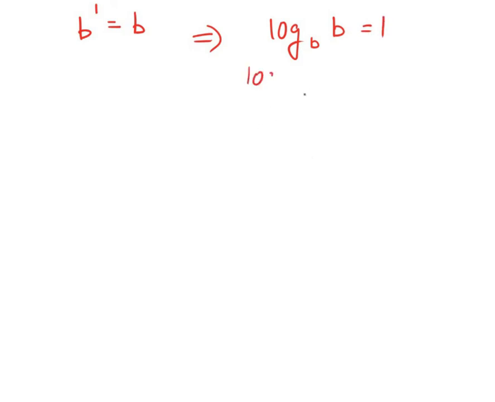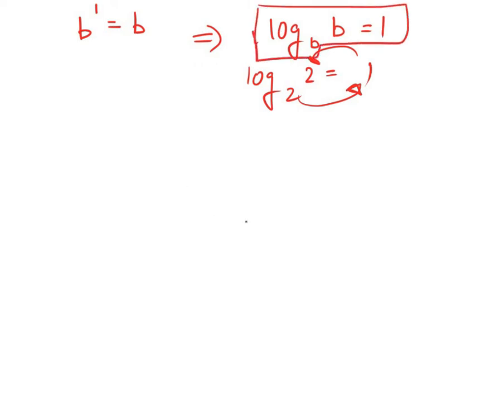Which means if I take any number, if the base and the number are the same, the answer will always be 1, because anything raised to the power of 1 will give the number itself. So that's another rule for log.